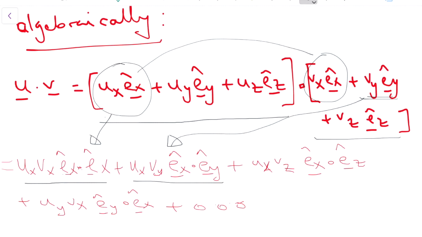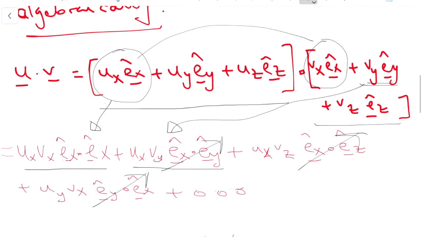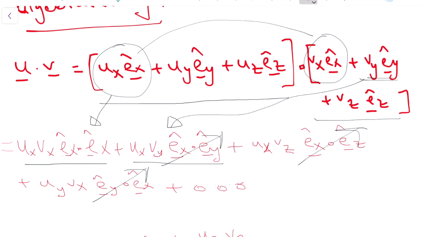So ex dotted ex equals 1, and ex dotted ey will be 0, etc. So we can cross out these terms, and then it's quite easy to realize that we get back our expression ux vx plus uy vy plus uz vz, and this is often called the definition of the dot product.